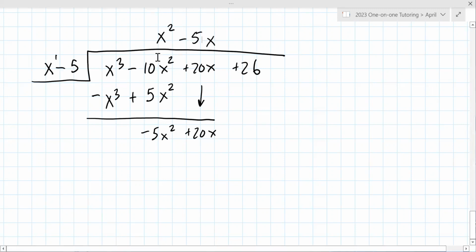Then you take each of these times x times minus 5. So minus 5x squared plus 25x. And then you change the sign.